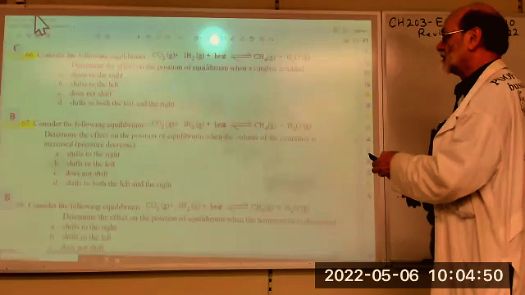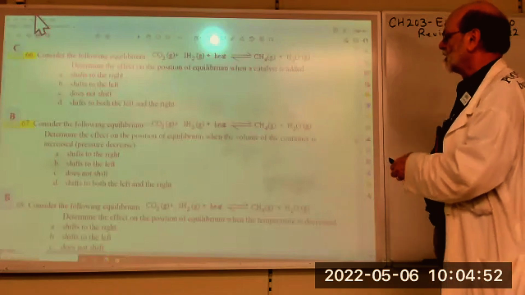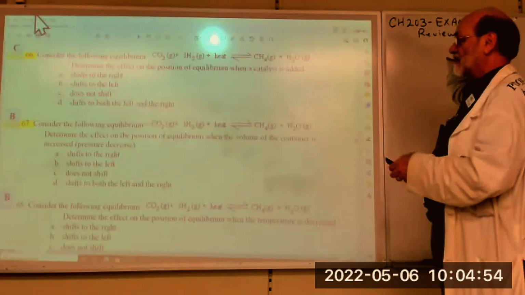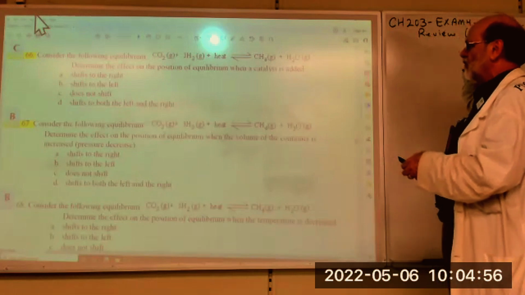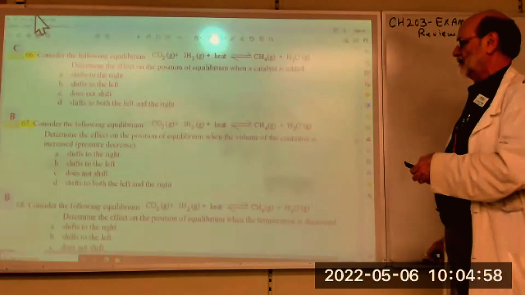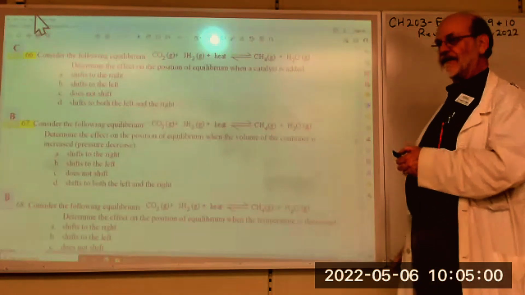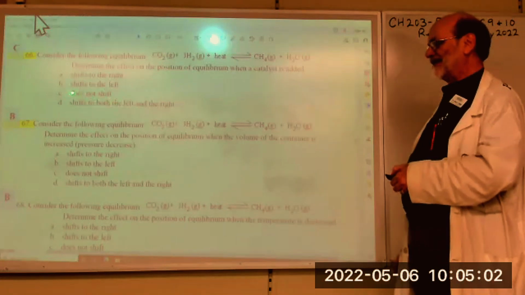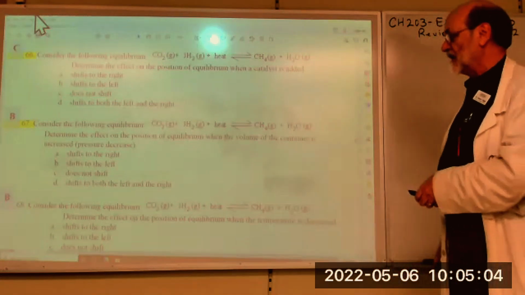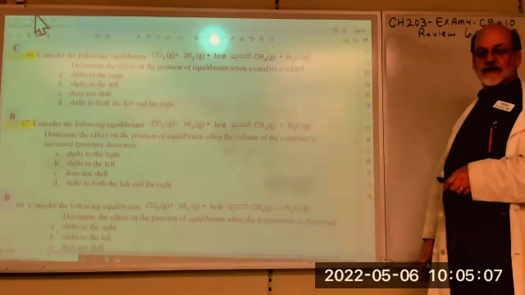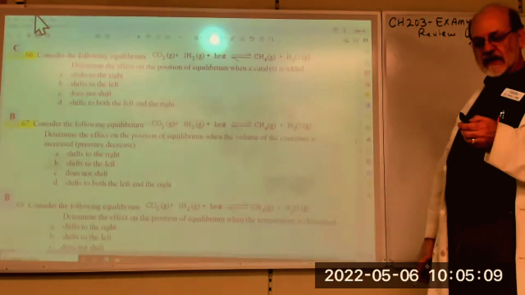All right. 66. Looks like the same reaction. What's the effect on the equilibrium when a catalyst is added? Does not shift. Doesn't change the equilibrium position. It gets there quicker. It doesn't change the equilibrium.